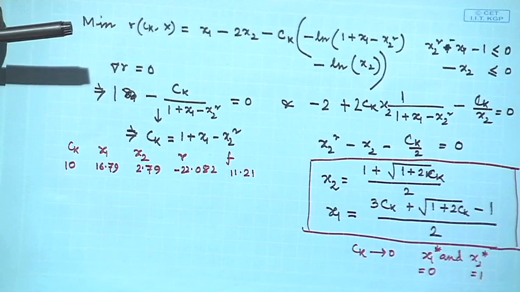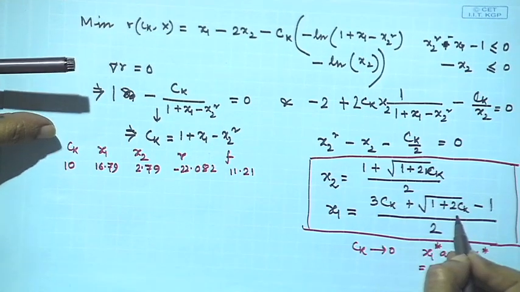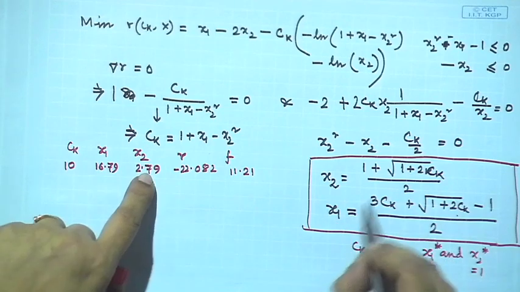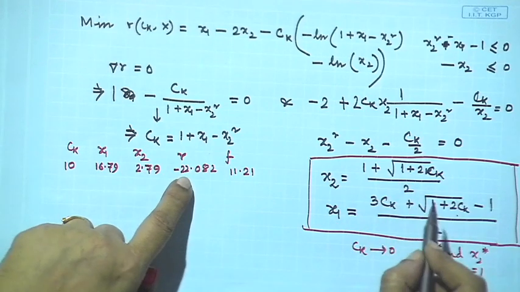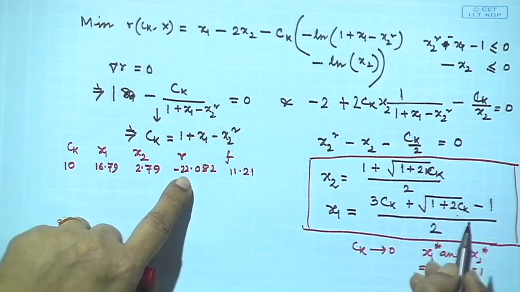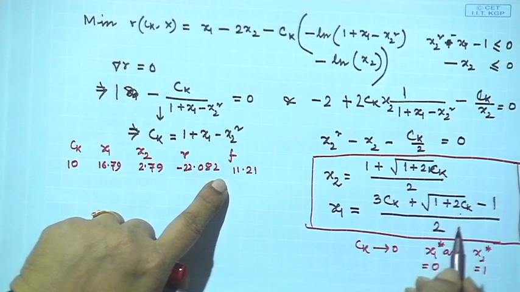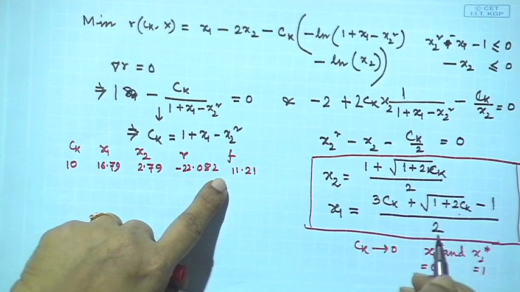If you substitute the value for c k here, x1 comes from this, x2 comes from here, the r value comes if I substitute x1, x2 and c k, and the original f is x1 minus 2 x2.